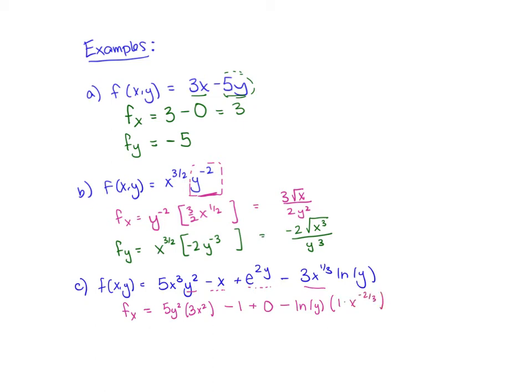So I can simplify that down a little bit to get 15 x squared y squared minus 1 minus ln of y times x to the negative 2/3.